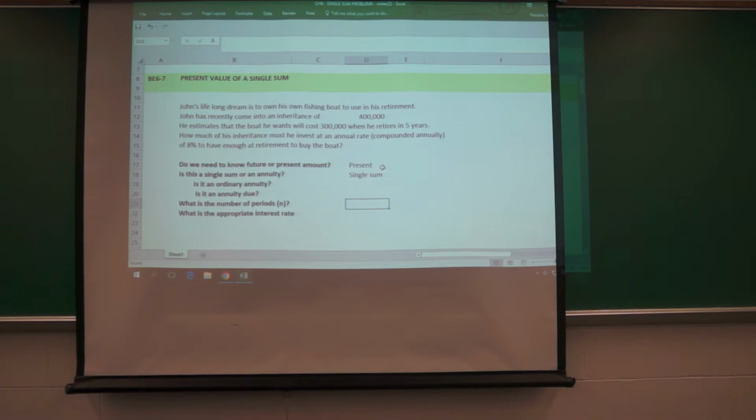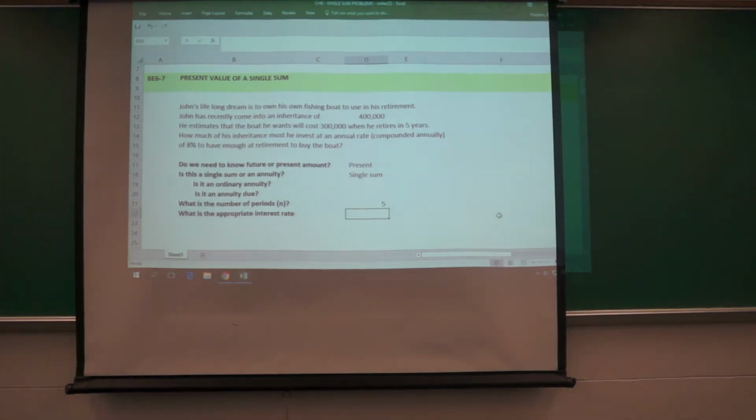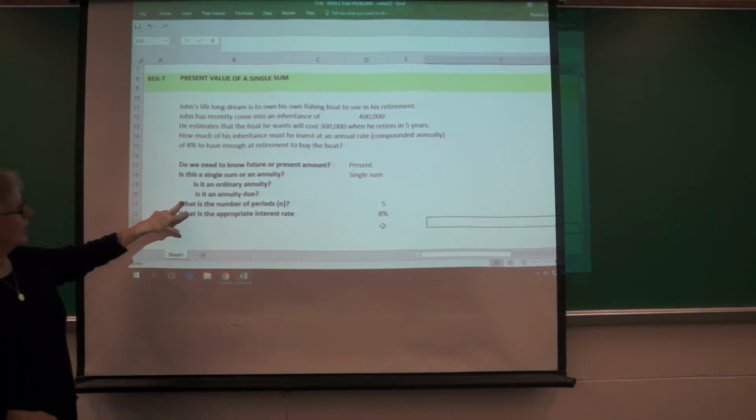Then, what are the number of periods? Well, it's 5 years, and the appropriate interest rate is 8%. So this gets you to where you need to go on the table.